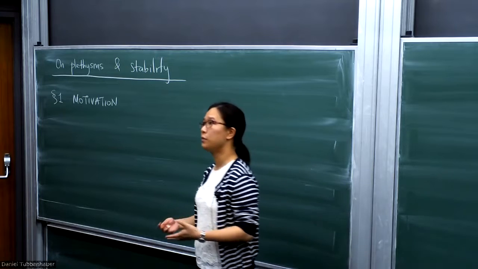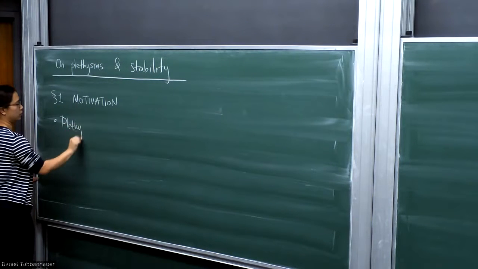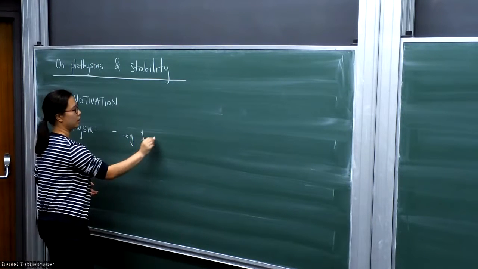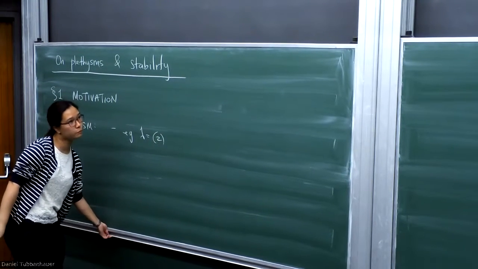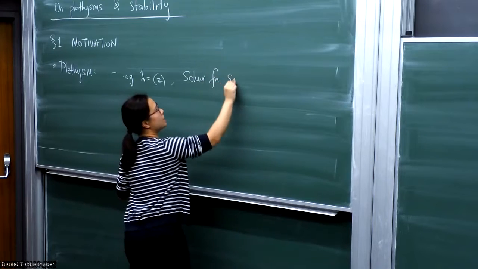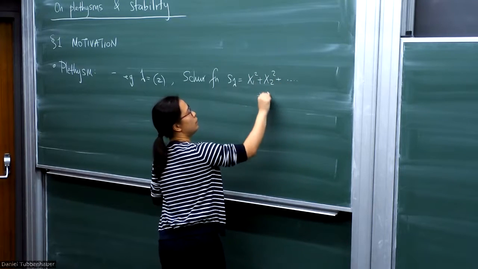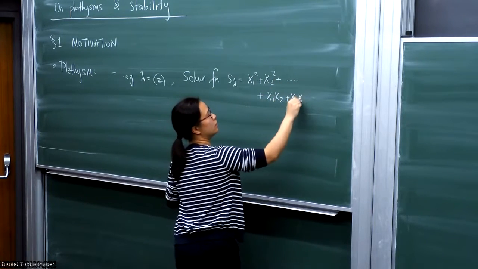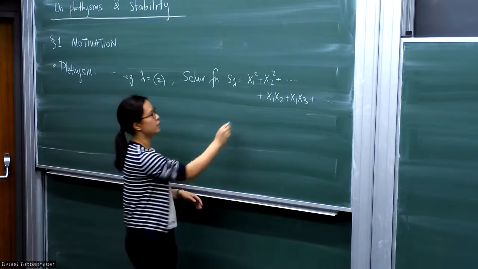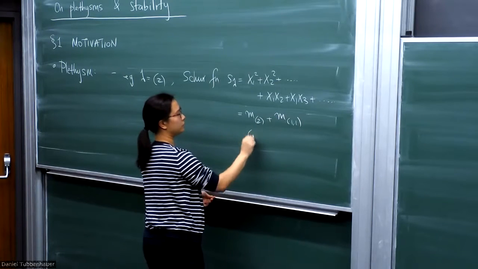So to give a definition by example, let's say if our partition lambda is just 2, then the Schur function s lambda will be x1 squared plus x2 squared plus dot dot dot plus x1 x2 plus x1 x3 plus dot dot dot. If we were to rewrite this in terms of monomial symmetric functions, this is of course just m2 plus m11.